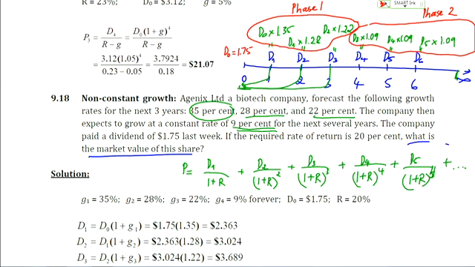If you refer back to the previous question, D4, D5, D6 are the components of the growing perpetuity. Yes? So can you work out P3, which is the present value 1 period before the first payment of D4?